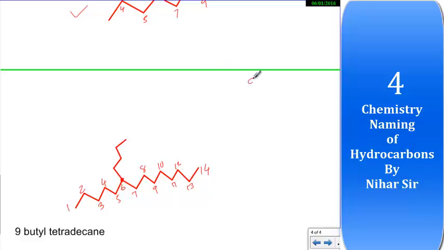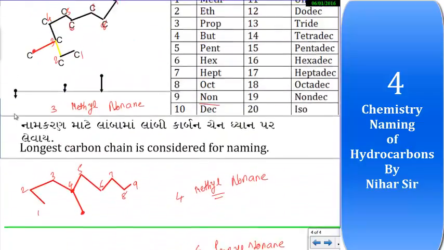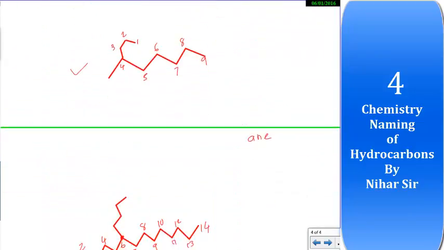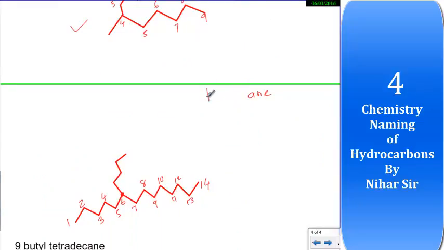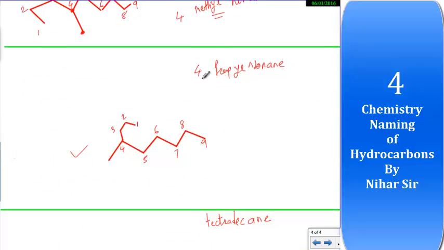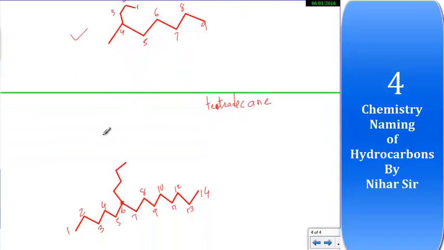So there is single bonding, so 'an', right? Now there are 14 carbons. For 14 we will use tetradec, so it's tetradecane. Now actually I should not write this. See, it's tetradecane, and the branching off is on which number? 6 number.